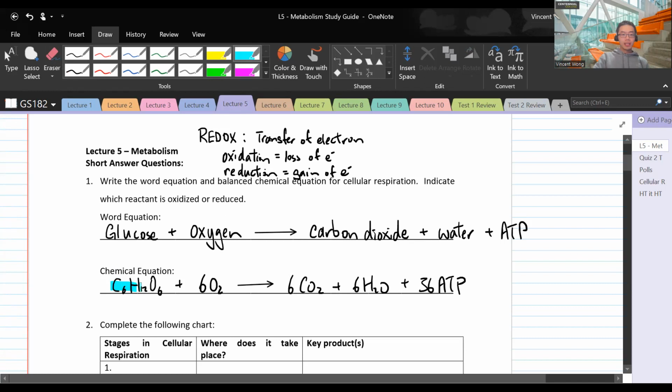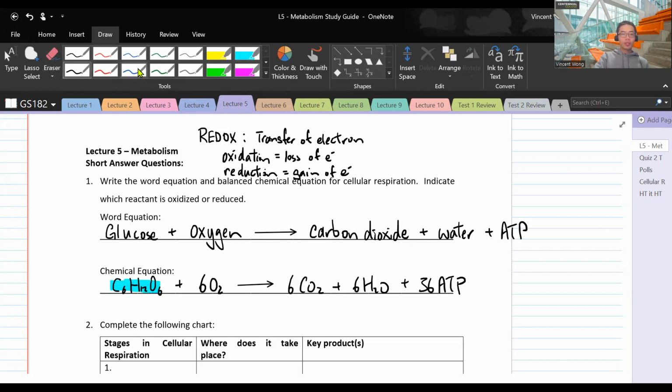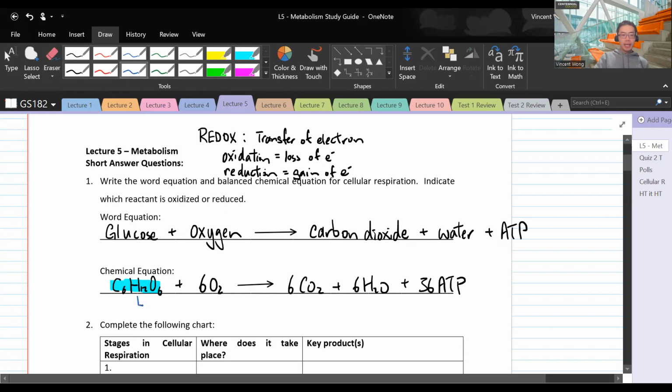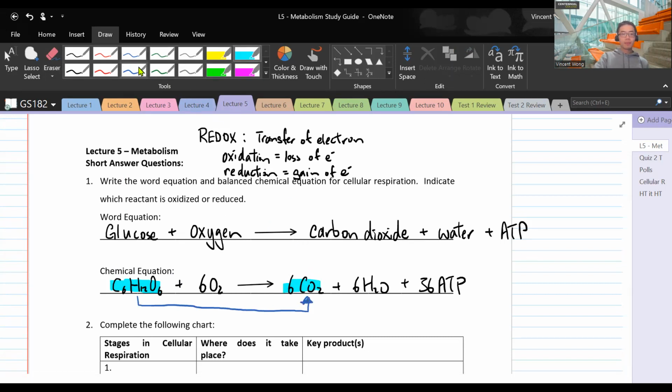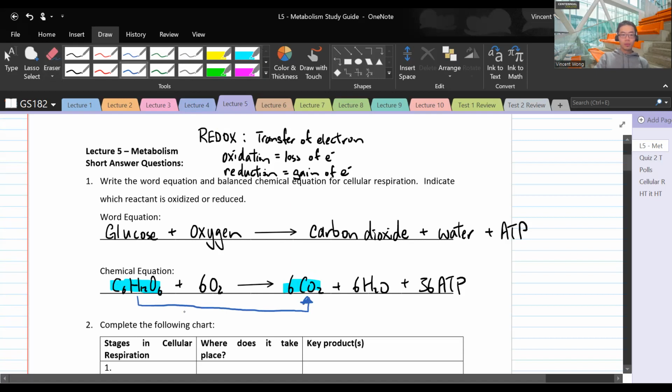So like I said, the glucose, we will be removing electrons from it, and when you remove the electrons from it, it will ultimately become carbon dioxide. So glucose is oxidized into carbon dioxide.